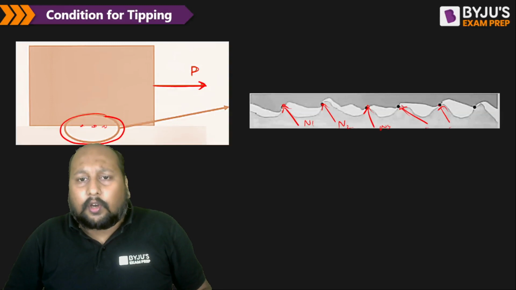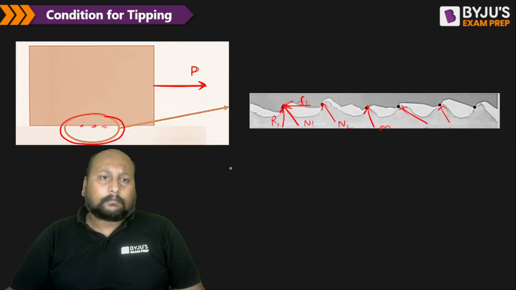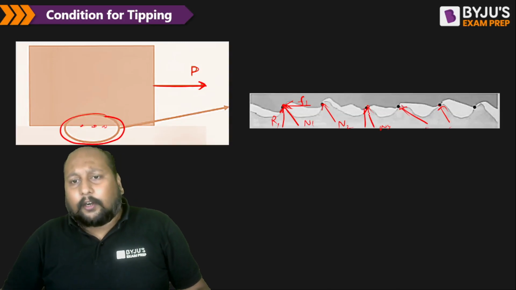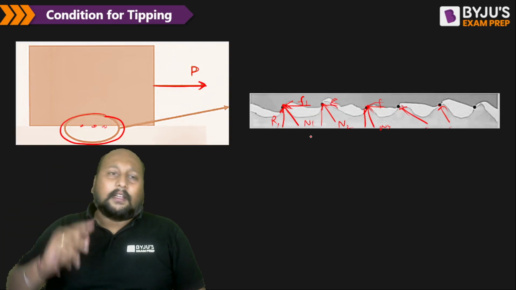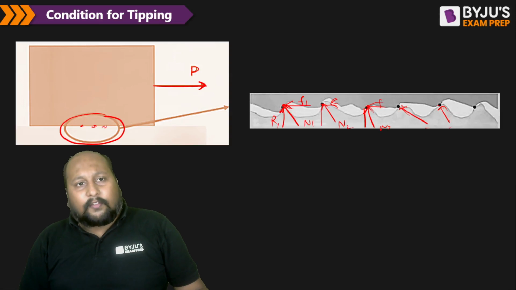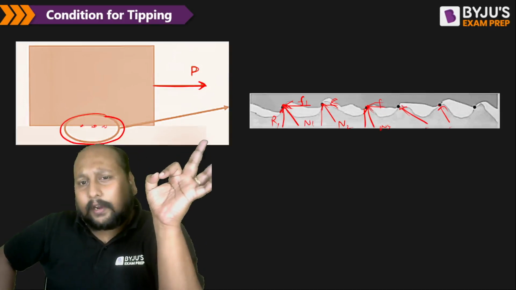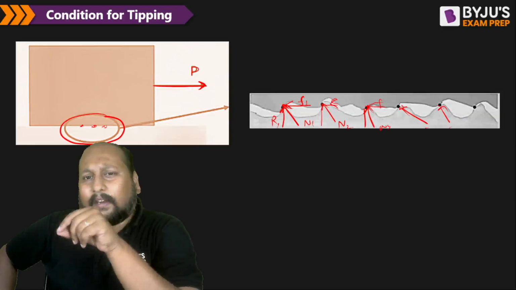If I try to resolve, we'll be having one frictional force F1 and R1 as one of the resultants. If I try to resolve, we'll be having the friction force and the net resultant force. Okay, fine. At each and every point, the normal reaction is having different angles.